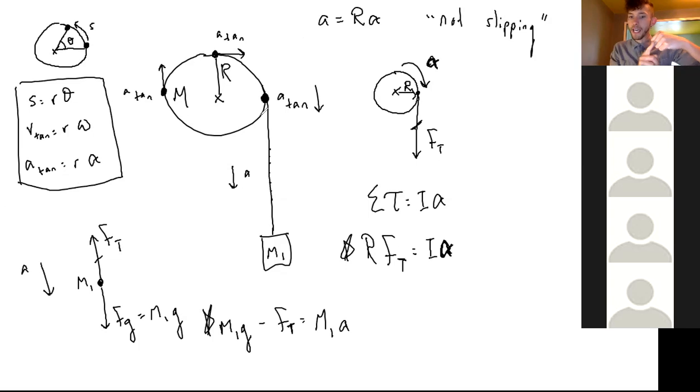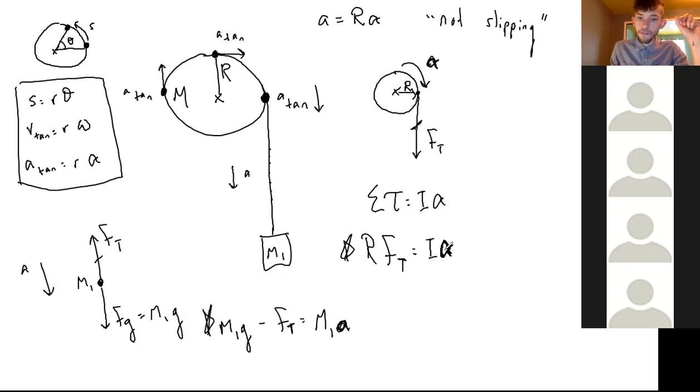The rope is not getting ahead of the pulley, the pulley is not skidding on the rope, they go together. So they're not slipping. Therefore, the acceleration of every point of the rope is going to be the acceleration of that edge of the pulley, which is a tangential acceleration. So that is this acceleration that shows up in this Newton's second law equation that we've written for the box. It's also the tangential acceleration of the pulley edge.